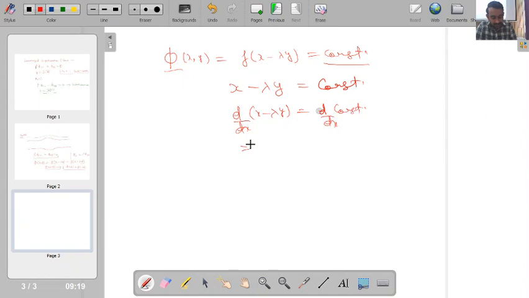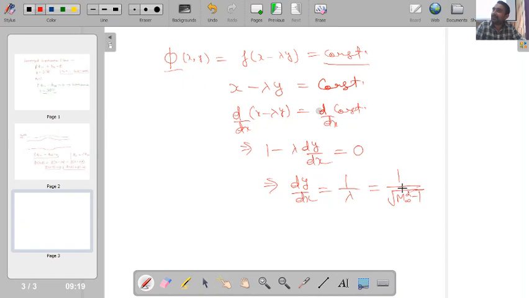So ultimately I will get 1 minus lambda dy by dx equal to 0, and from here dy by dx equals 1 by lambda, which is nothing but 1 divided by the square root of M infinity square minus 1. Fine. Is this point clear?